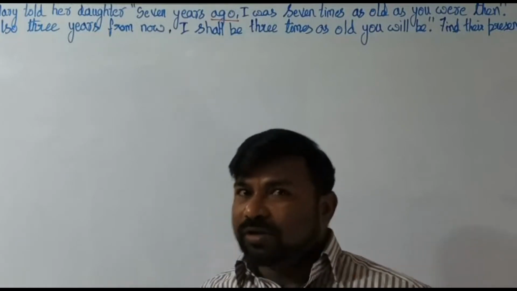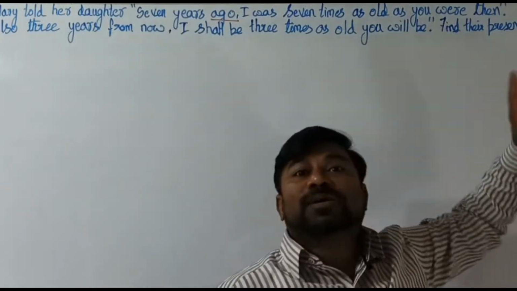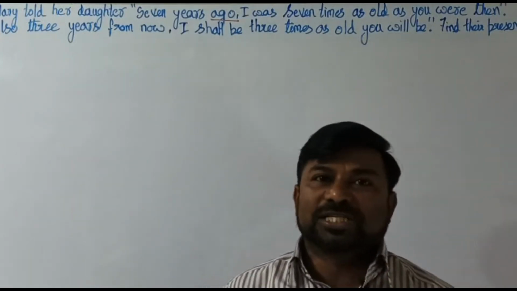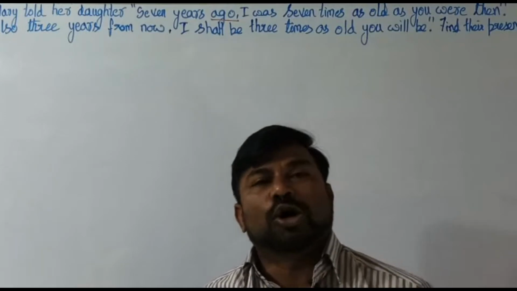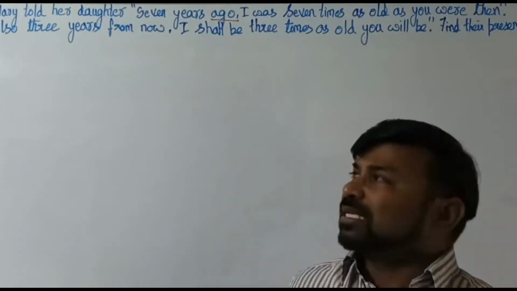Whatever it might be, what he is asking us to find is the present ages: the age of the daughter and the age of the mother at present. So let's take it as a code.